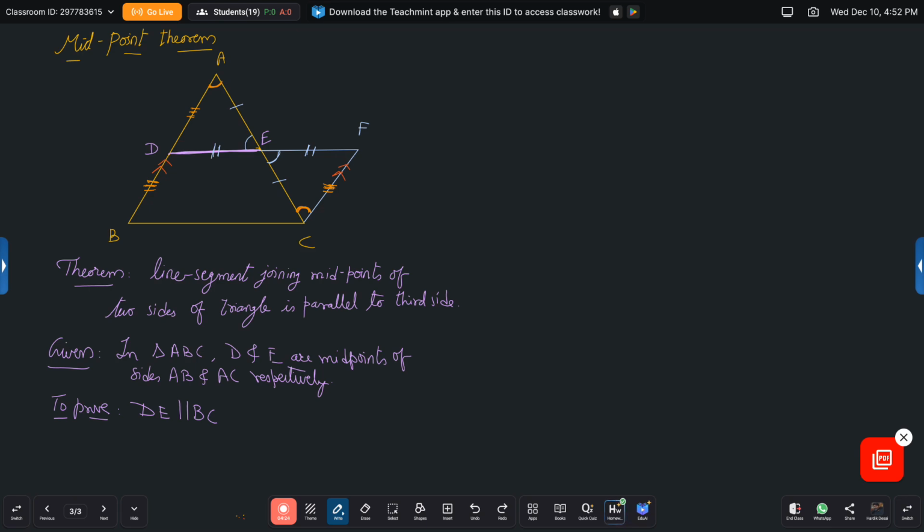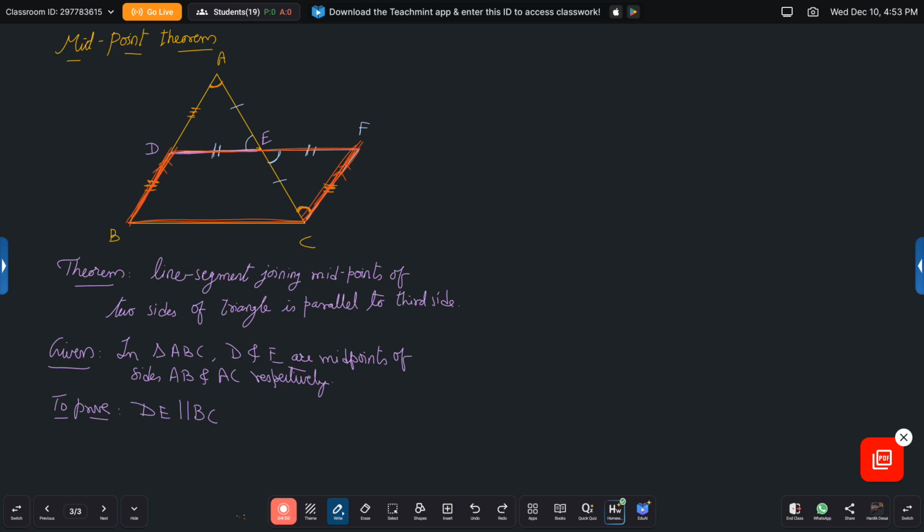So in quadrilateral BCFD, you can see that BD is equal to CF and BD is parallel to CF. So if one pair of opposite sides is parallel and equal, that means it is a parallelogram.